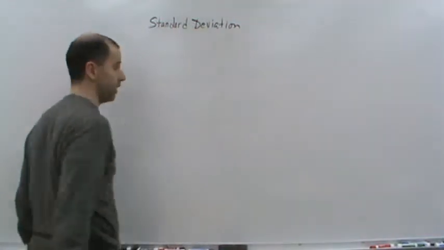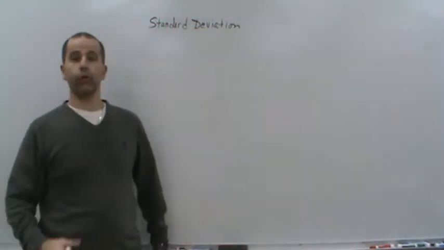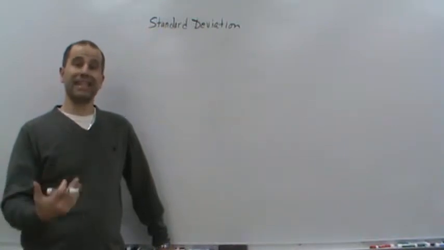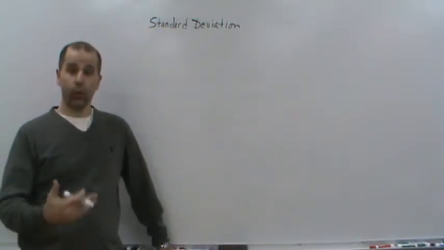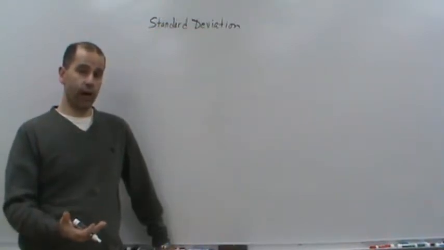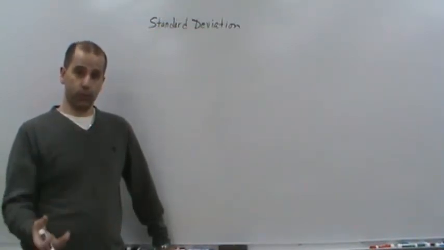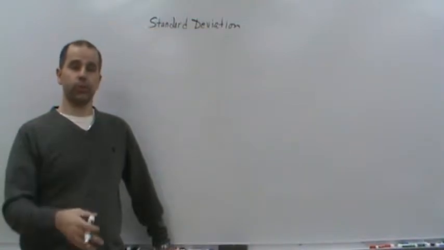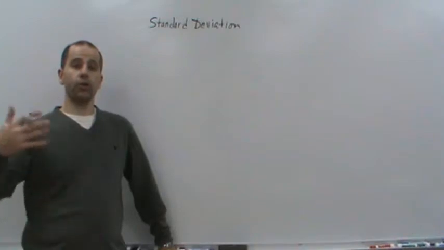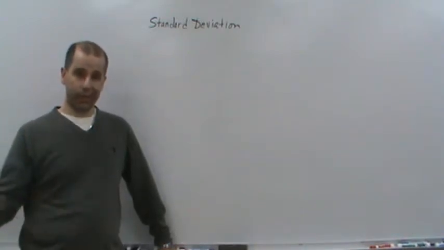Again, standard deviation is the most common statistic or parameter, if you will, that we use to describe the overall dispersion or variation in the data. The larger the standard deviation, the more spread out the data is.